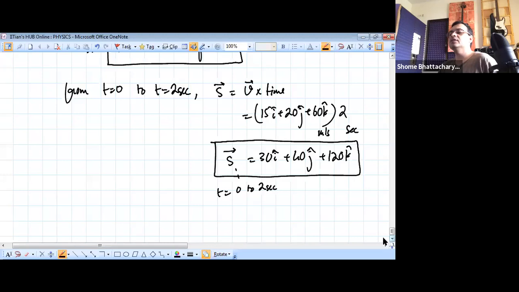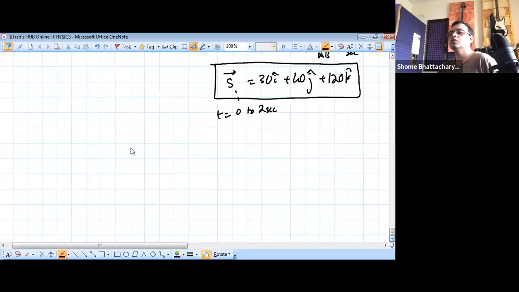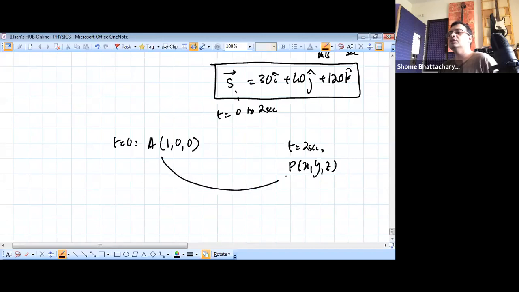Okay, now let us find that point P. So at t equal to 0, it was at the point E, which was (1, 0, 0). And at t equal to 2 seconds, it's at some point x, y, z. So the displacement from here to here is given by this. So x minus 1 should be the x component of displacement, so it should be 30.